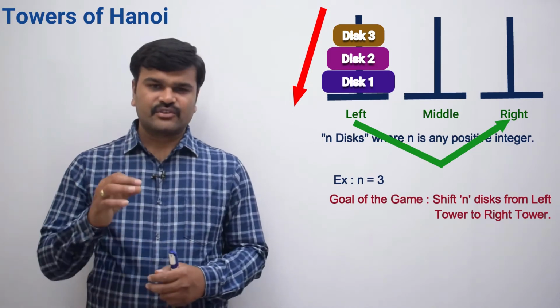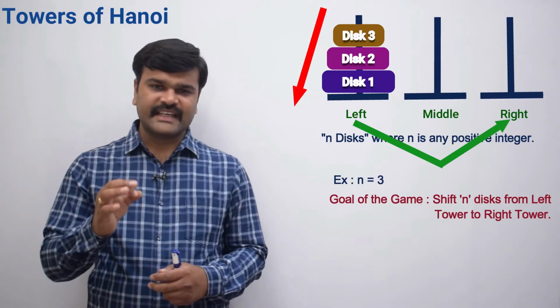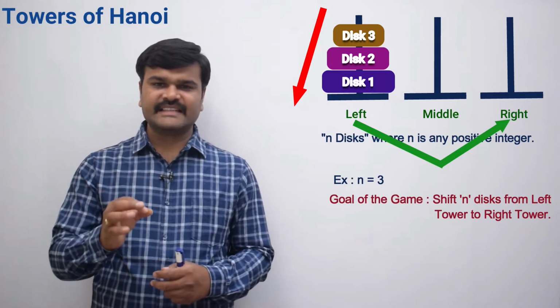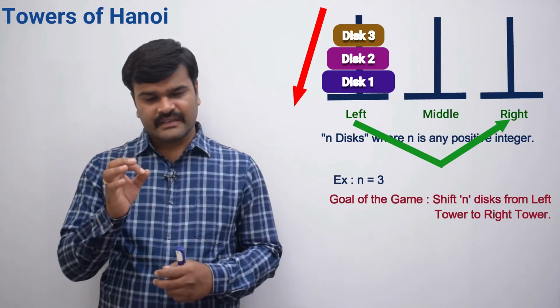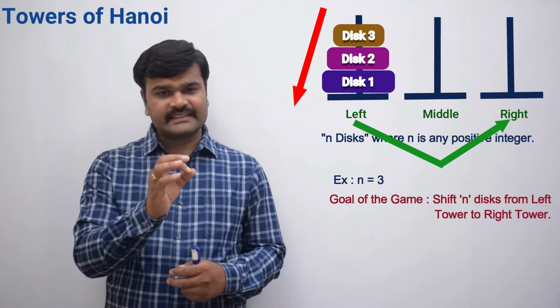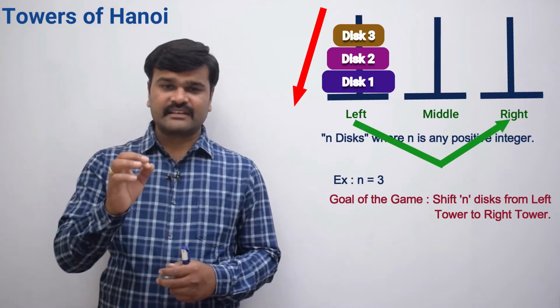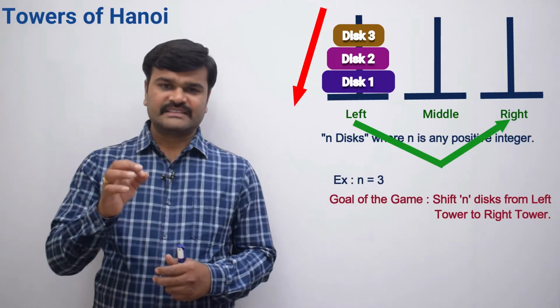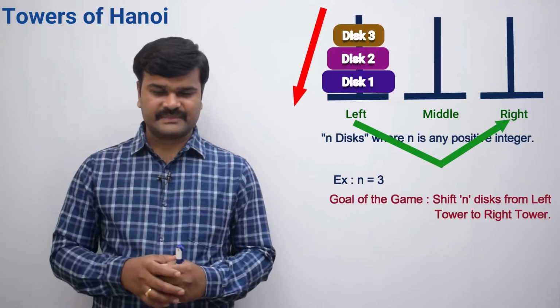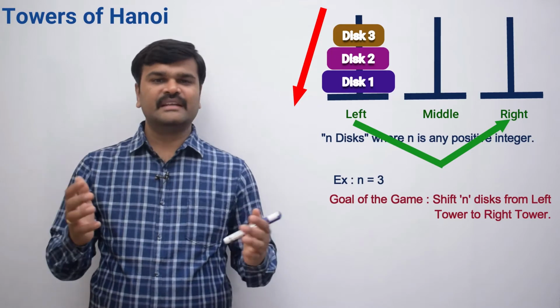The goal is that all these n disks, which initially exist at the left tower, must be shifted to the right tower. So the target tower is the right tower, the source tower is initially the left tower, and we use the middle tower.